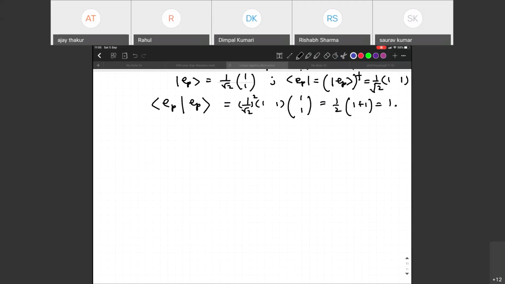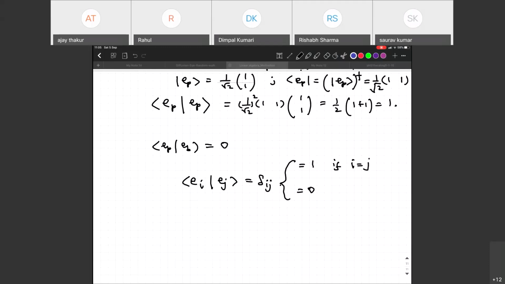So what Rahul is asking is, do we also have E_P dagger E_B equals 0? The answer is yes. So basically the condition can be written as E_i dagger E_j equals delta_ij, where delta_ij is the Kronecker delta, equal to 1 if i equals j and equal to 0 if i is not equal to j.